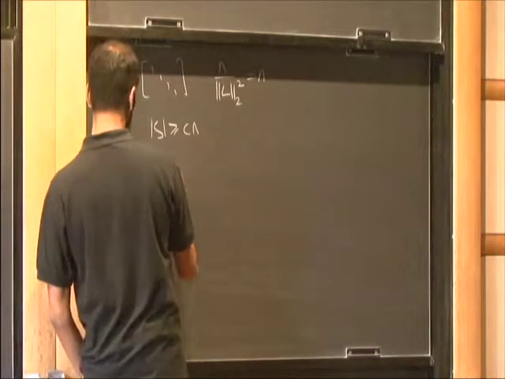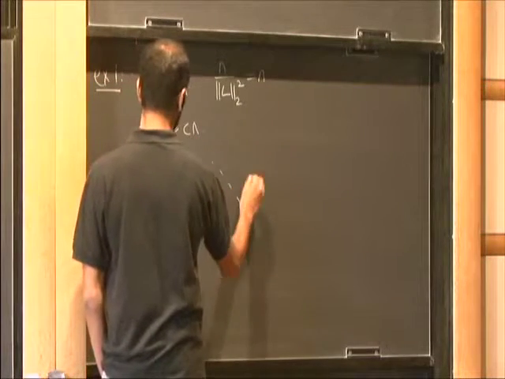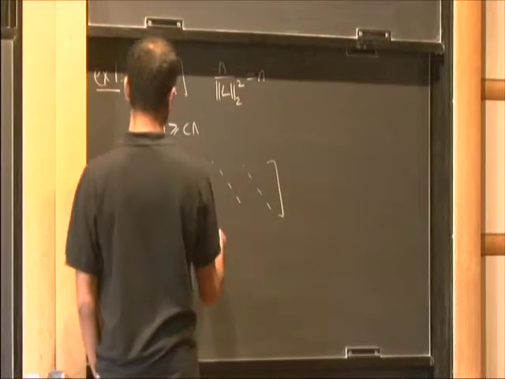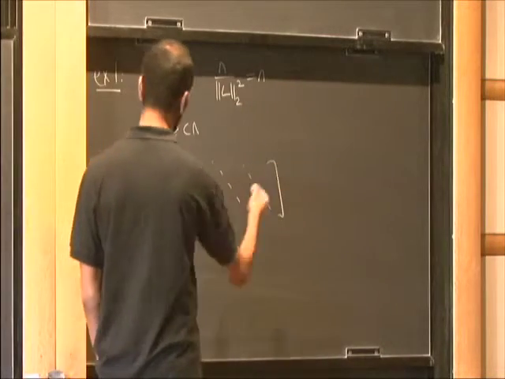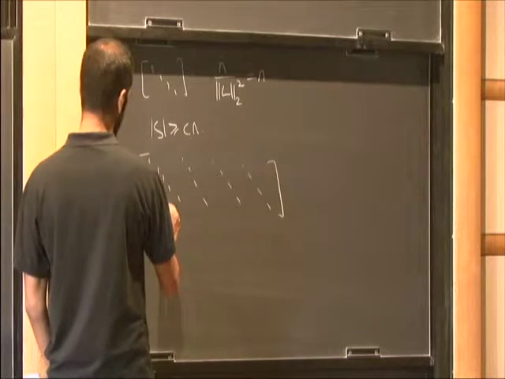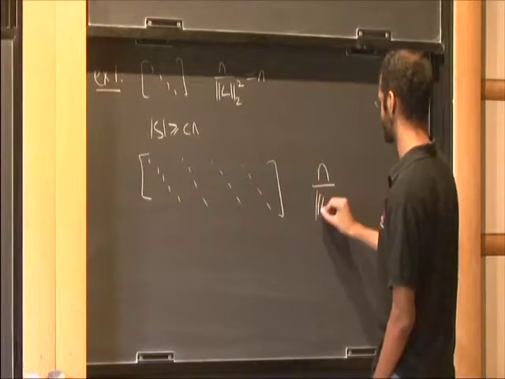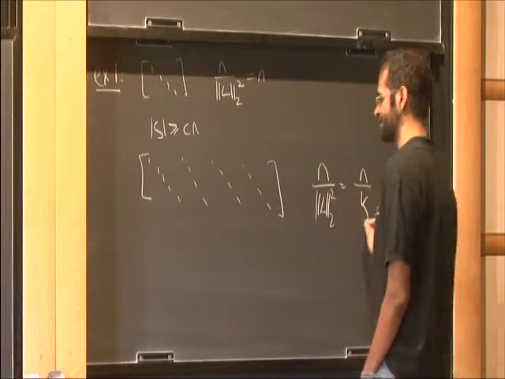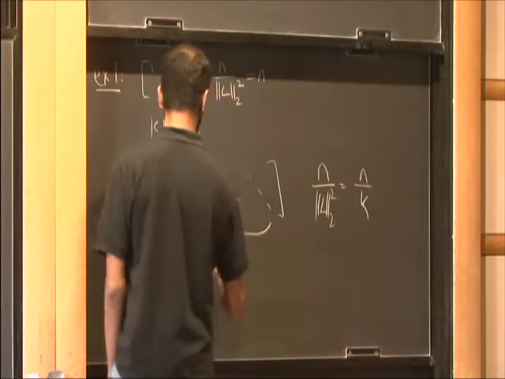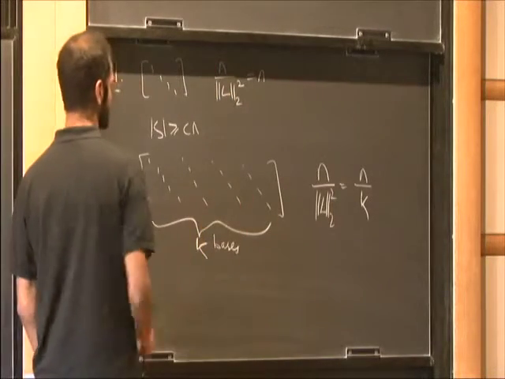If I take a bunch of orthonormal bases, and I can make this square by putting in some larger dimension, the squareness doesn't really matter, then I get that the stable rank is n over k if I have k different orthonormal bases, k copies of the identity.